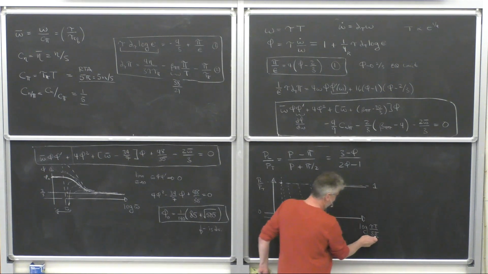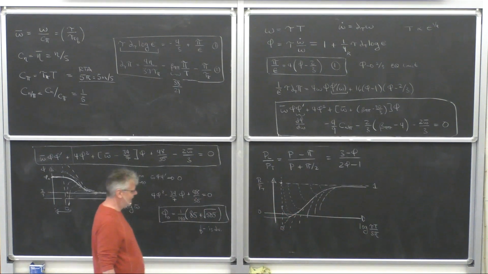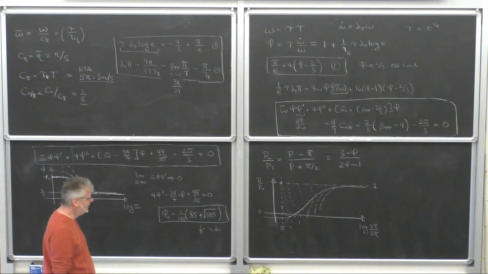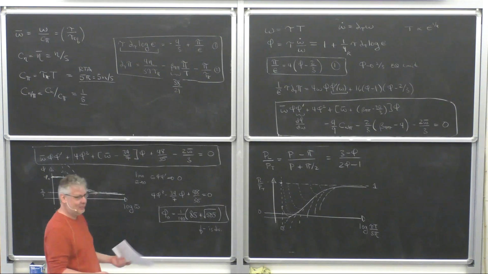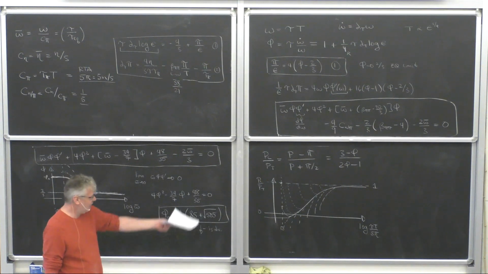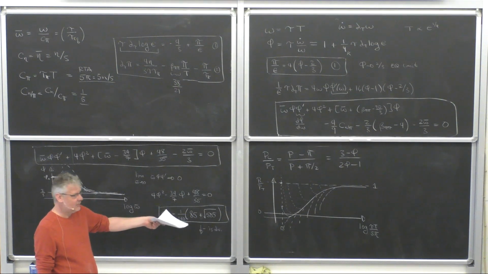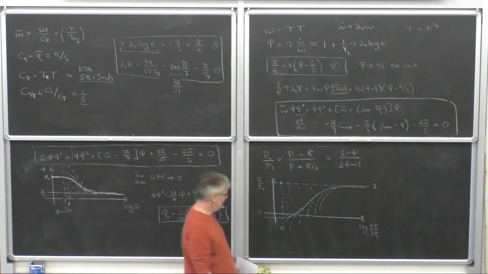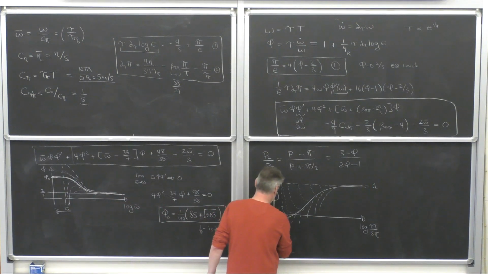It works for not just RTA, but any version of second order viscous hydro you can throw at it. So this is a statement that's independent of eta bar. For any eta bar you put in, you'll get this curve. So it's this kind of universal thing that you can now count on in life.